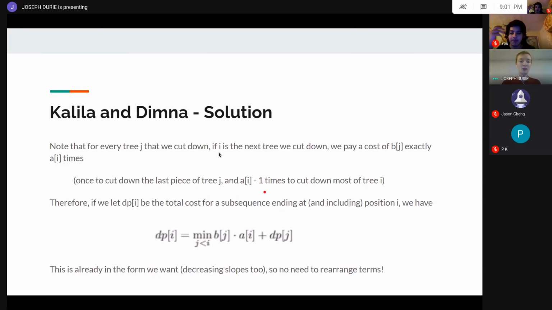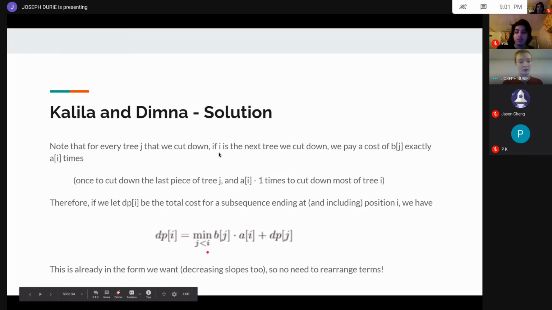So in total, we're using BJ exactly AI times. Which means if we let DP I be the total cost for a subsequence ending at position I, that just turns into DP I is the min over J less than I of BJ times AI, plus DP J.